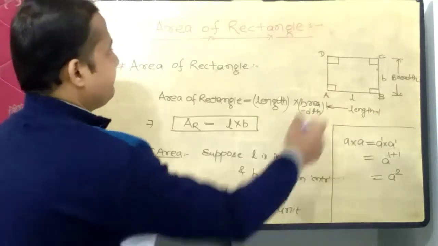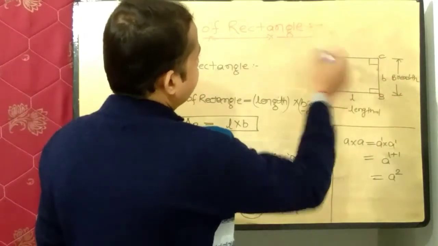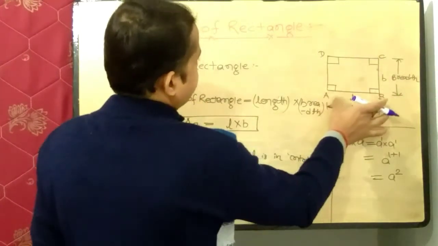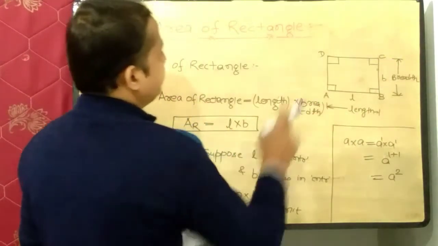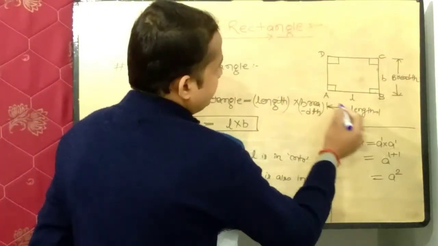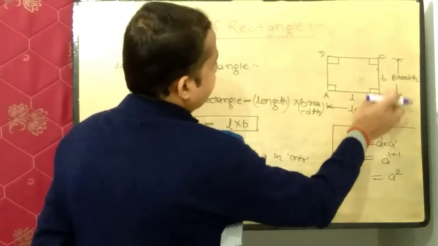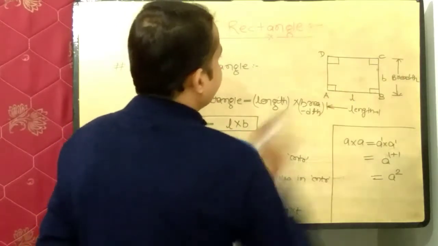Let us consider this rectangle ABCD, having sides AB, BC, CD and DA. Suppose the length of side AB is small l and side BC is small b.